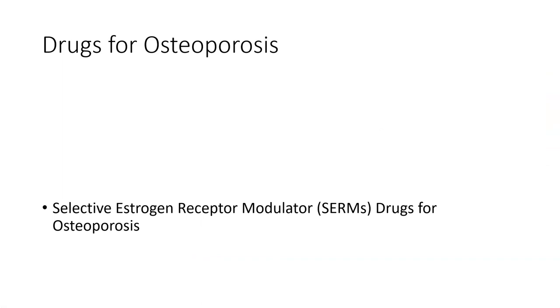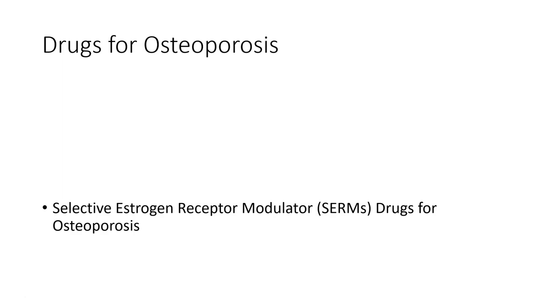Next, we have what are known as SERMs. These are selective estrogen receptor modulators. Again, estrogen is important for women for good, healthy, strong bones. So the drugs that we use that are SERMs for osteoporosis bind and stimulate estrogen receptors on the bone.